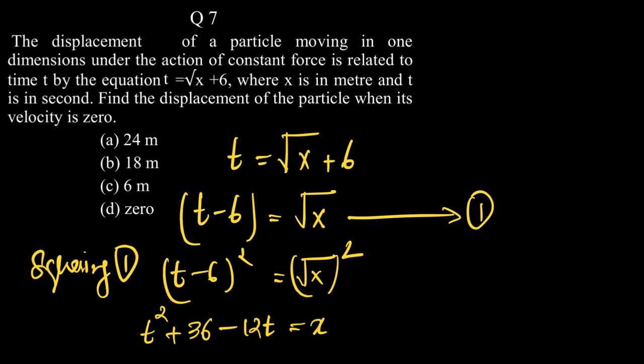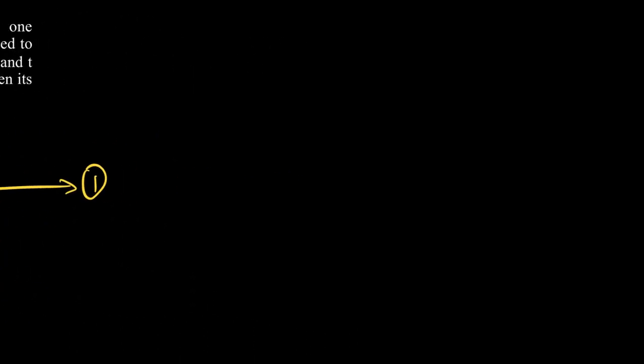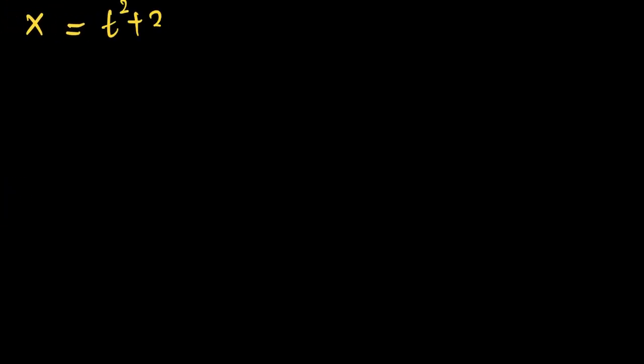So we basically have the equation x is equal to t square plus 36 minus 12t.